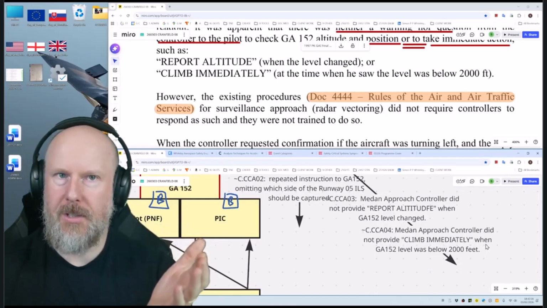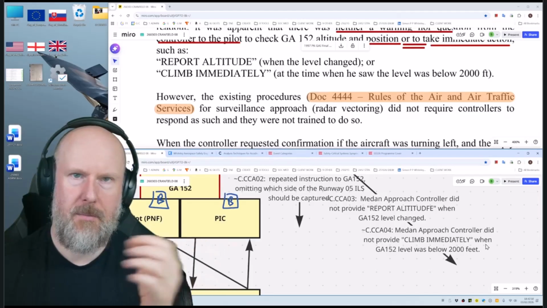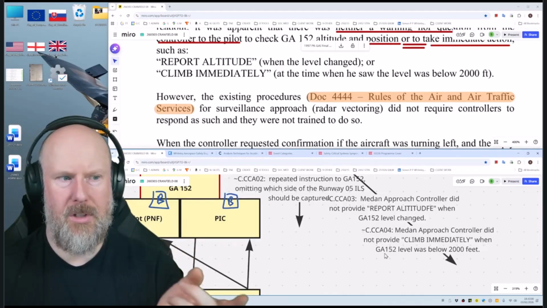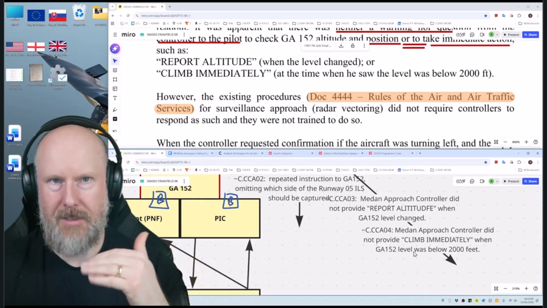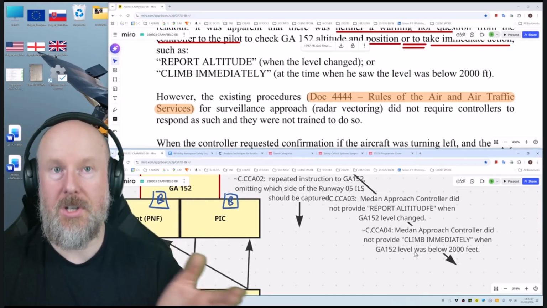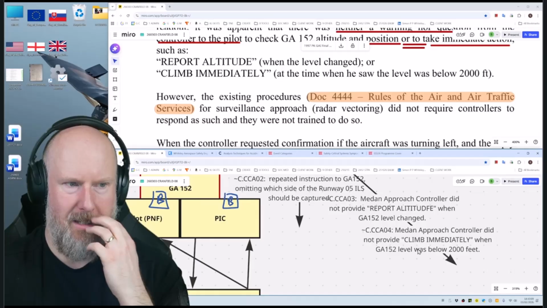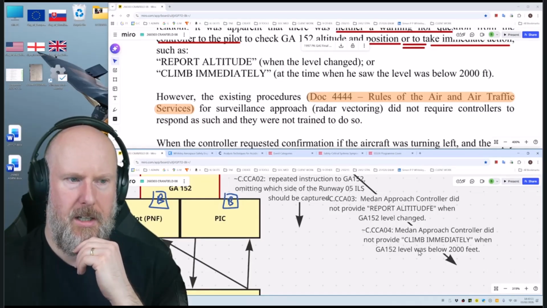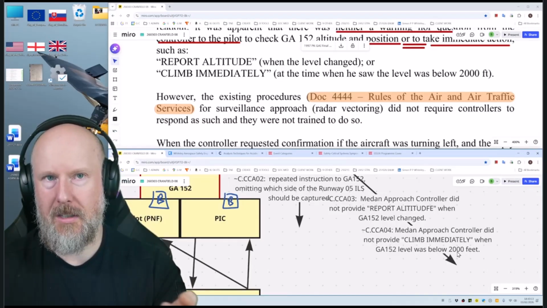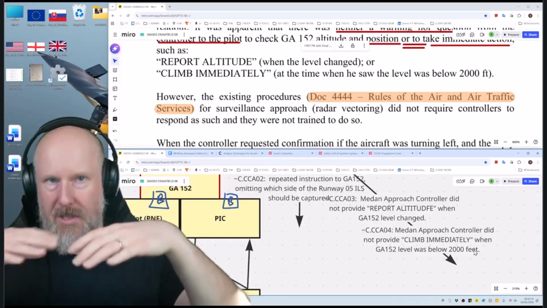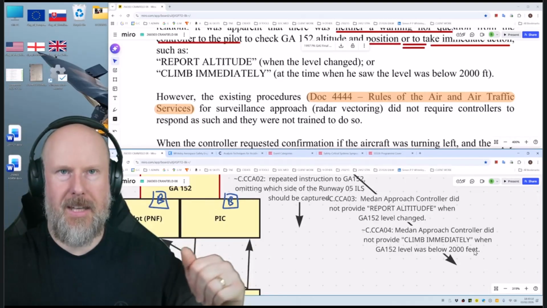Now, of course, if I was doing an air traffic control related STPA, I wouldn't refer to GA152 level, that specific aircraft. I'd just say, generic aircraft tail number, whatever it is, call sign. And then again, the limits, those feet are specific for this airfield in that particular location.